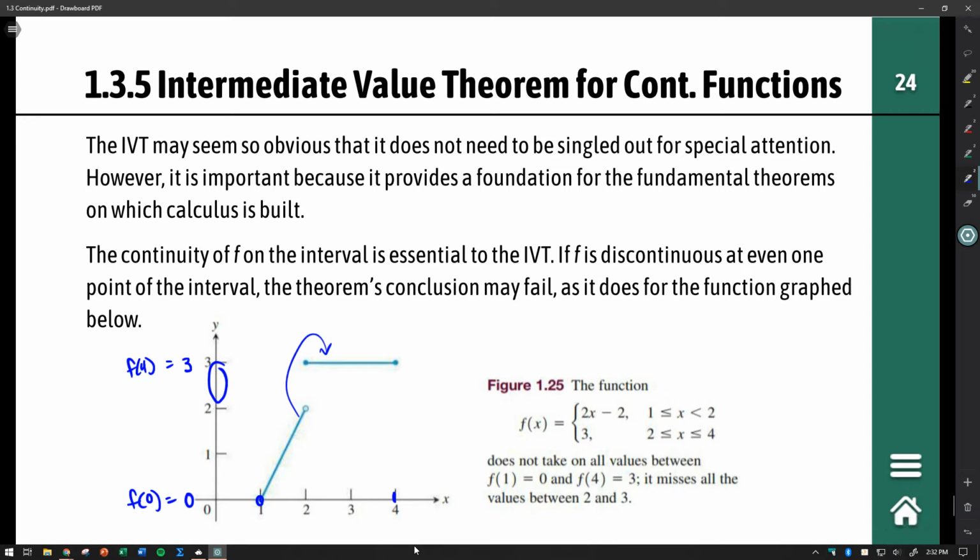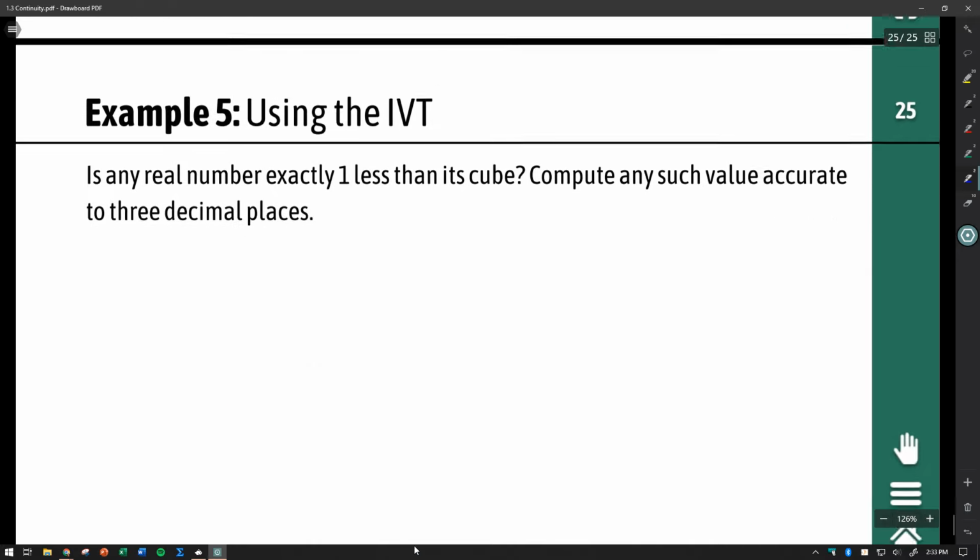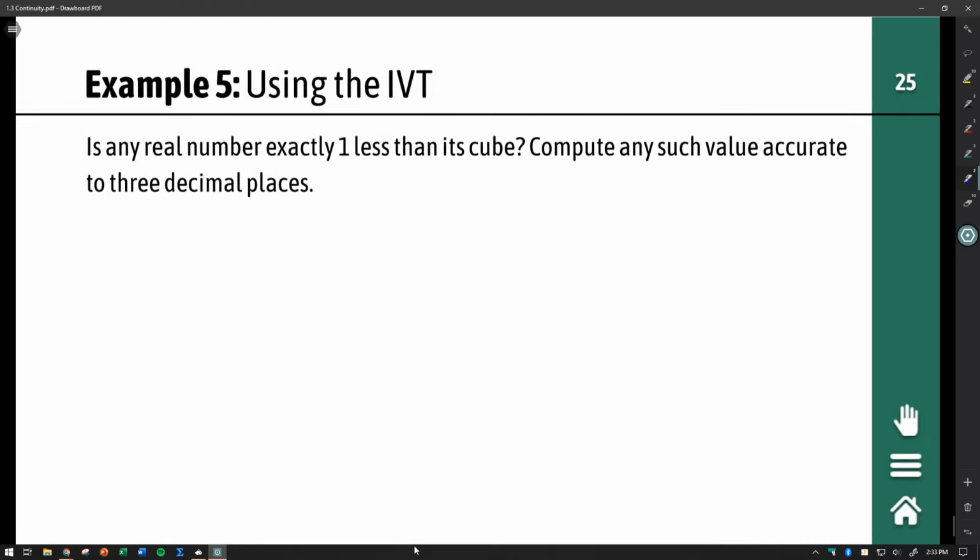So the intermediate value theorem depends on the continuity of the function f. Here's an example where we can use the intermediate value theorem. Is there any real number that is exactly 1 less than its cube? And then compute that number accurate to 3 decimal places.